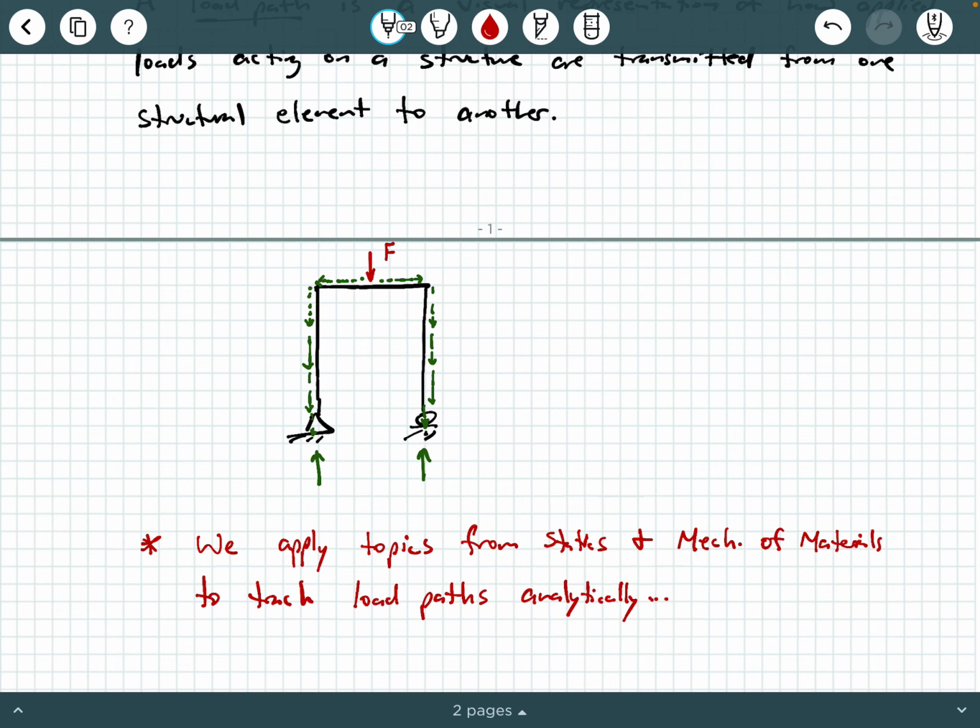Okay, this includes the basics of the application of equilibrium equations. So this is where we connect back to some fundamentals from statics and mechanics of materials, just the application of equilibrium equations as it pertains to how a load travels through our structural elements.